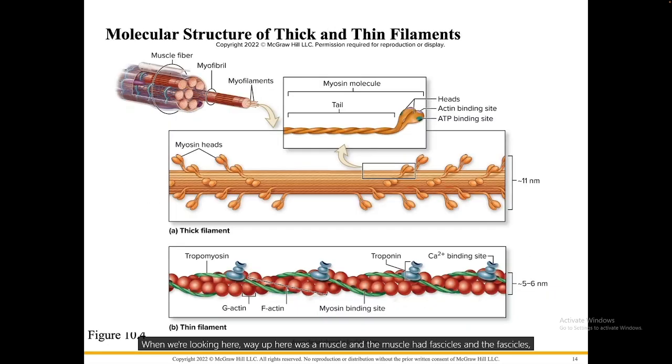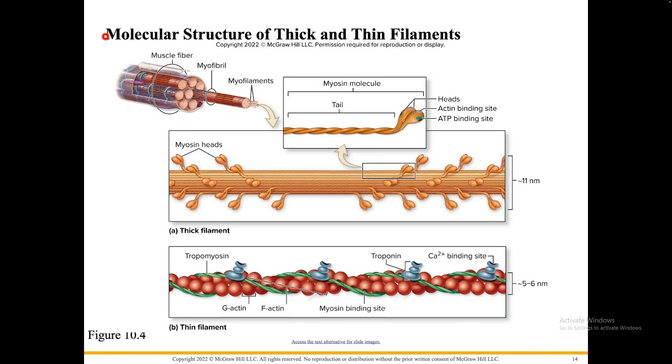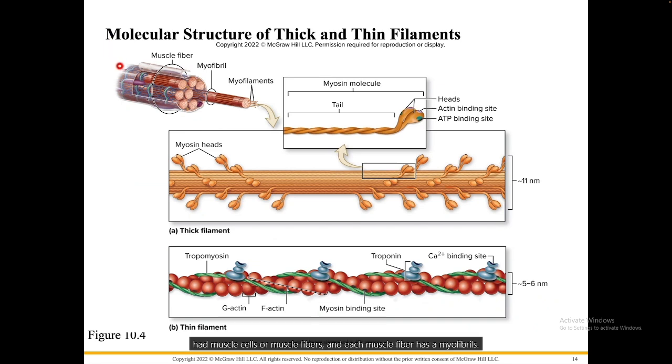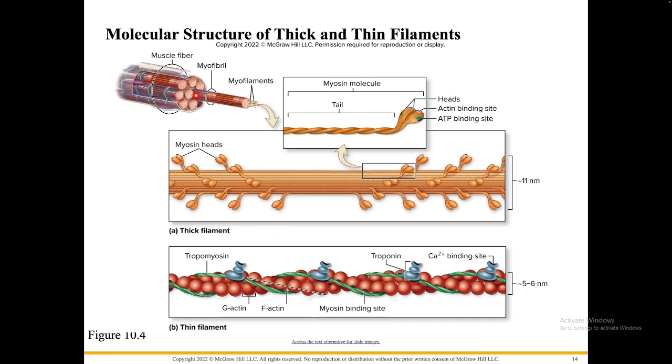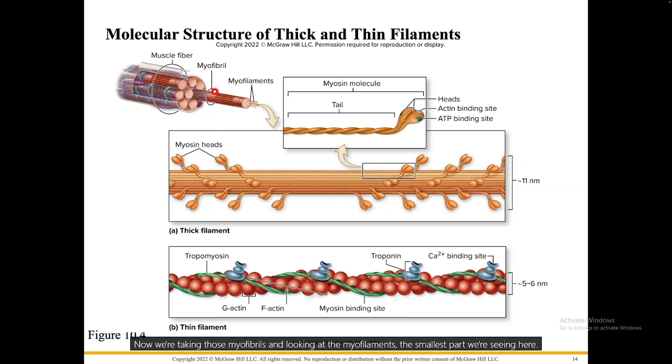When we're looking here, way up here was a muscle, and the muscle had fascicles, and the fascicles had muscle cells or muscle fibers, and each muscle fiber has a myofibril. Now we're taking those myofibrils and looking at the myofilaments, the smallest part we're seeing here. And altogether it's going to look like this, but first let's break it down.